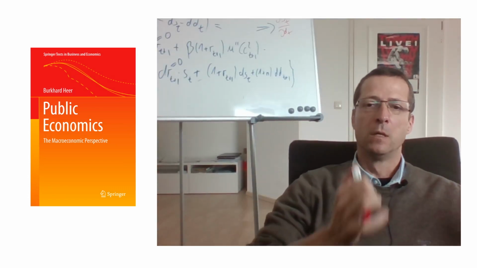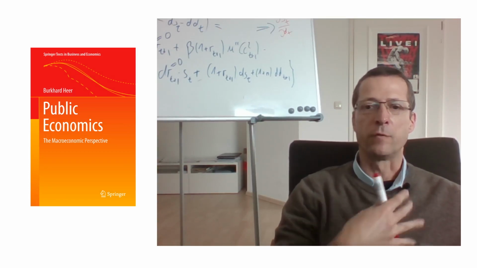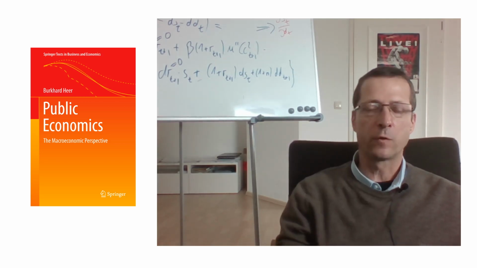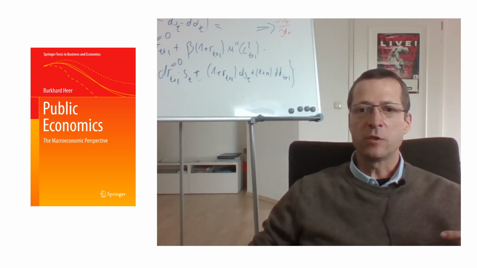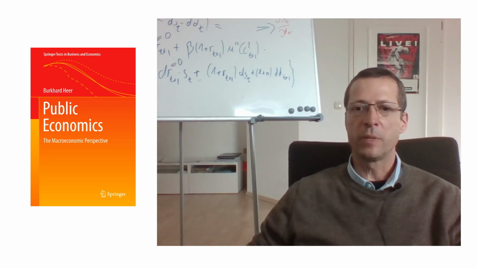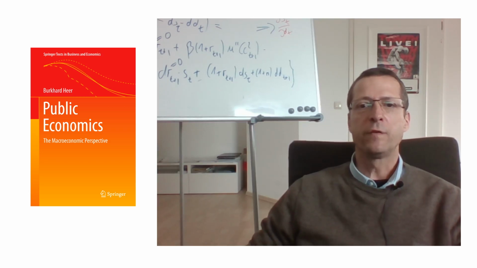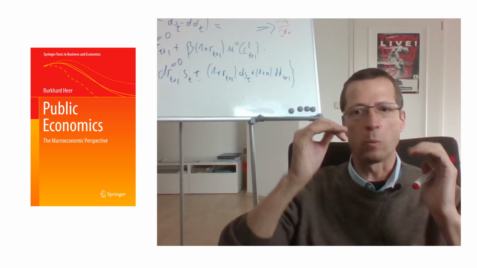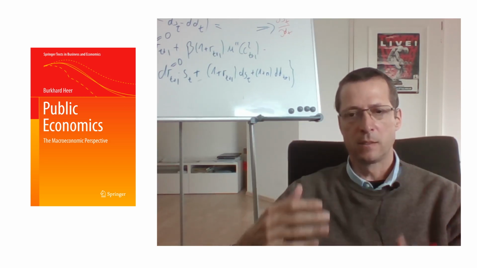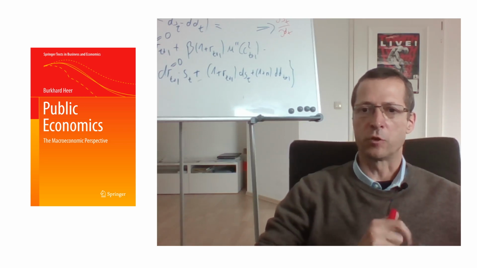We have shown that a fully funded pension system has no effects under certain conditions: if we have perfect capital markets, interest rates are the same for government and households, and no credit market constraints. And if we go to a public pay-as-you-go pension system, as we observe it basically throughout the world, with very, very few exceptions, we find there are huge effects on capital accumulation, and the capital stock will be reduced not by 1 or 2, but by many dozens of percentage points compared to the case without social security.